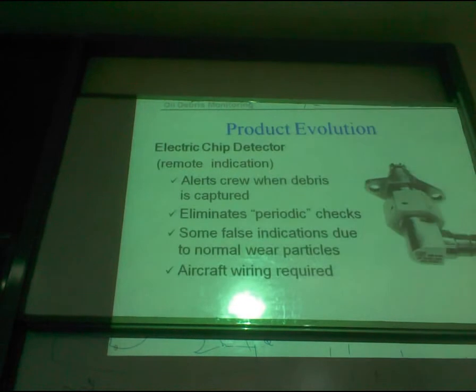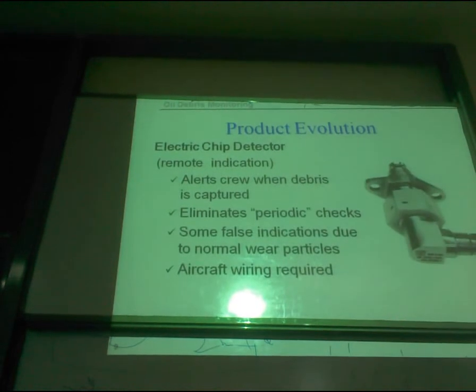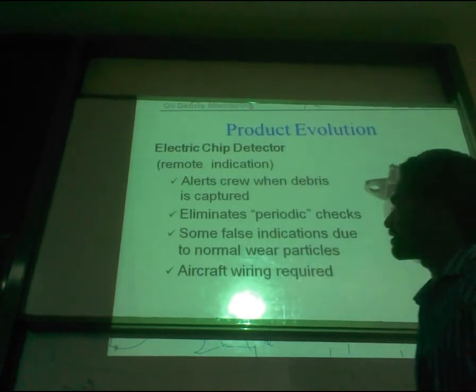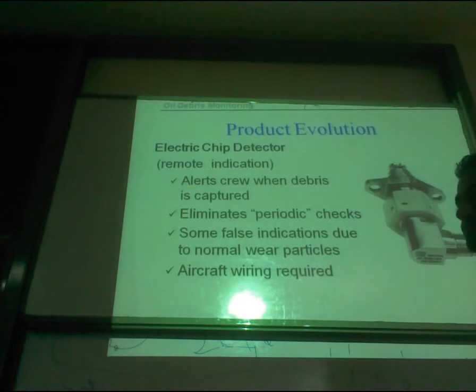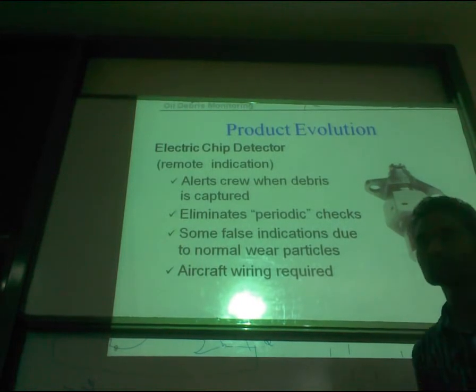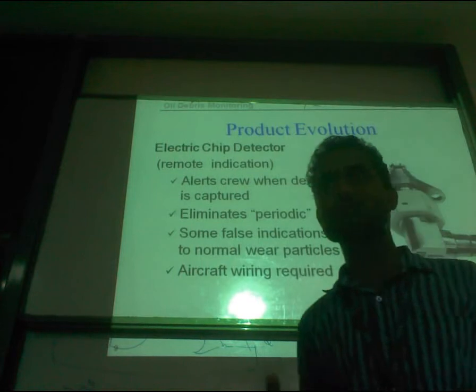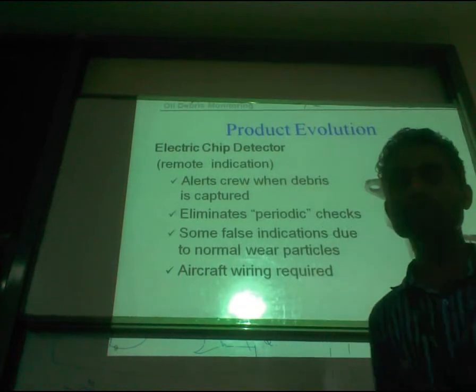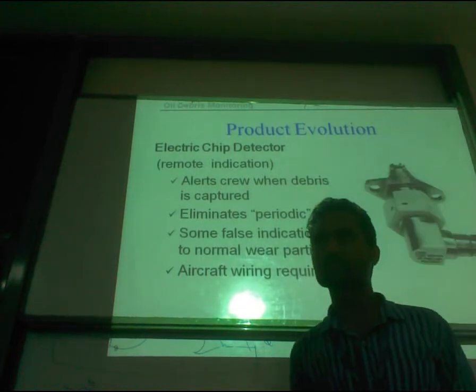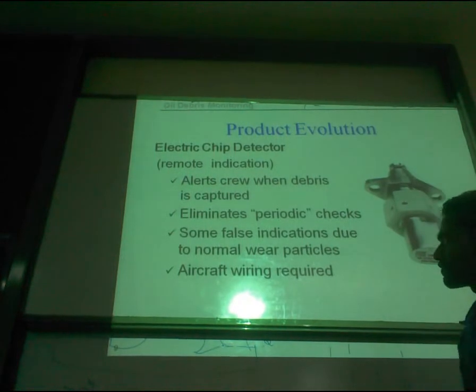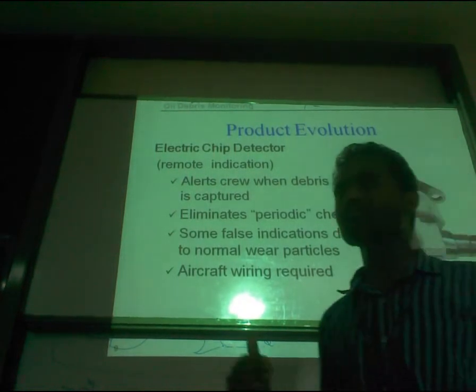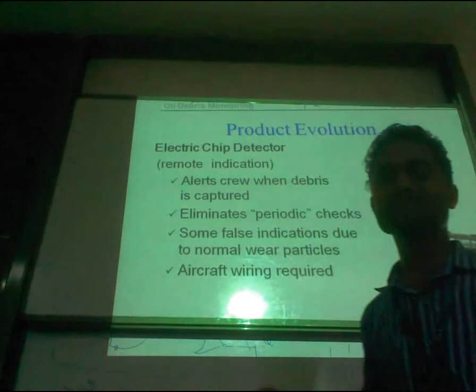Then the electronic chip detector comes into the picture. It alerts the crew when debris is captured. It is an automated sensor which, once debris is detected, directly alerts the crew working on the engine. For this purpose, wiring is required, because it uses an electronic circuit.